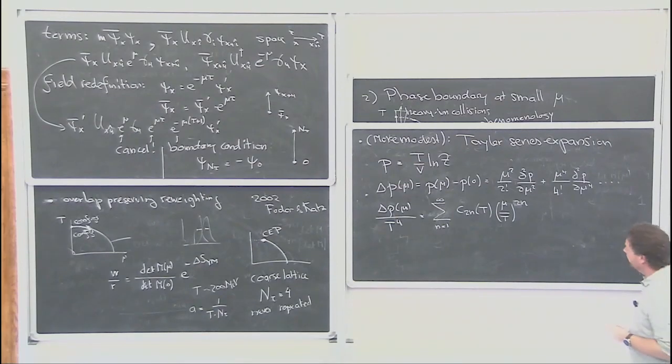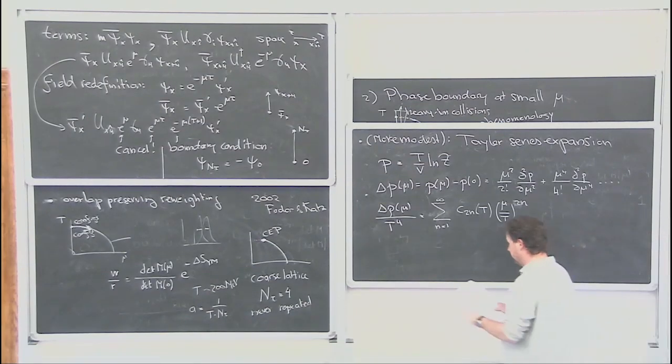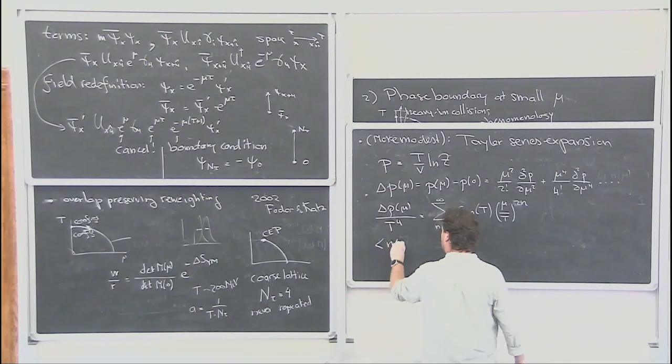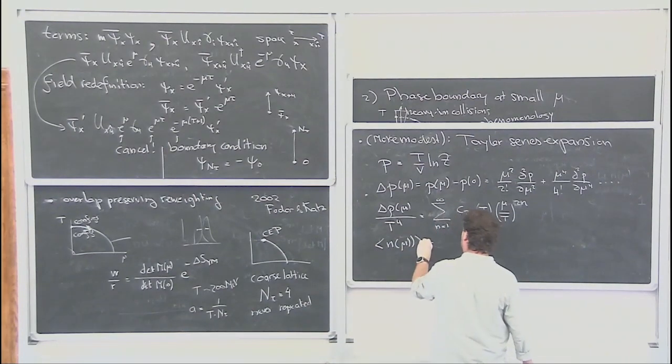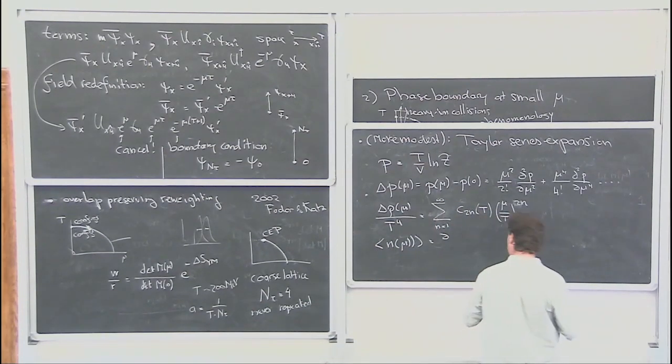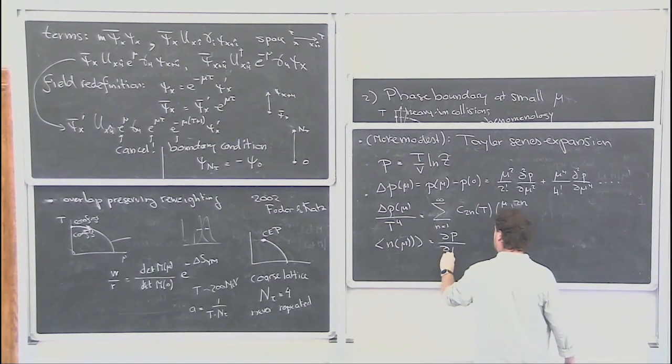Although this looks like quite a simple idea, you can get a lot of physics out of it. For instance, the density just follows by differentiation. The density is the derivative of the log of the partition function with respect to mu.